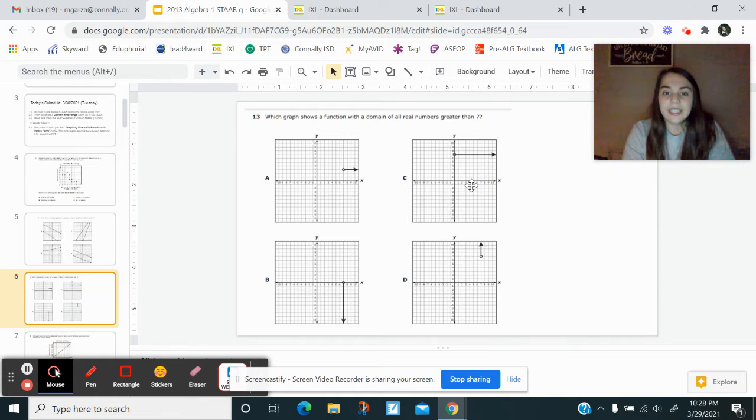So I look at A and C and try to see which one has a domain of X values greater than 7. So here's 7 on the domain, and this graph shows all the numbers greater than. That's why it has the arrow that's going that way. Sorry, my selfie's backwards. Okay, this one was trying to trick you because it has the 7 on the Y value, which was technically range, not what we were looking for. So A was the answer on this one.